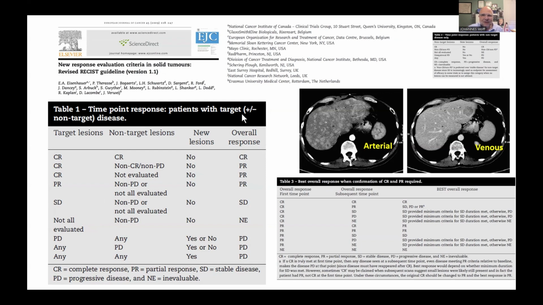You see this on the right side, and here we call this overall response. And in the other columns, you see target lesions, non-target lesions, and new lesions.